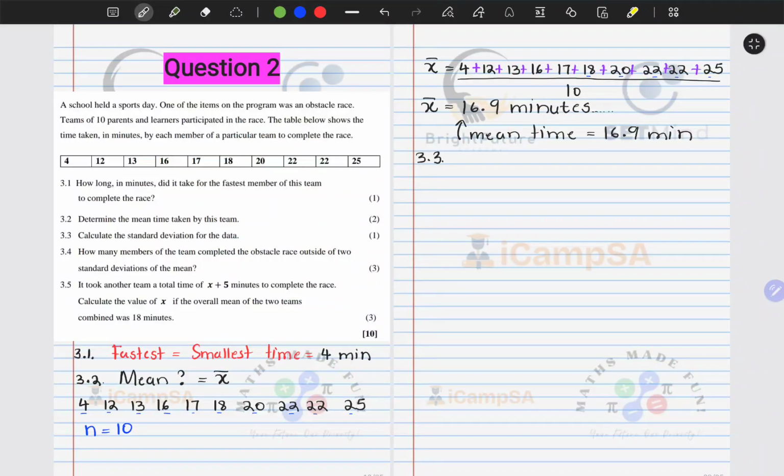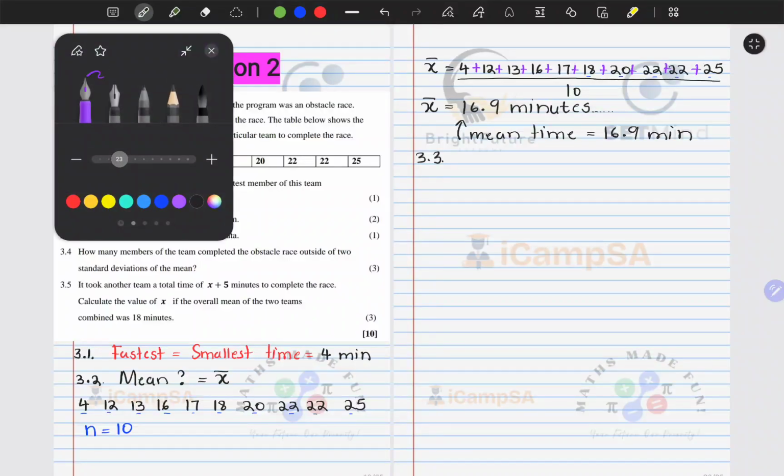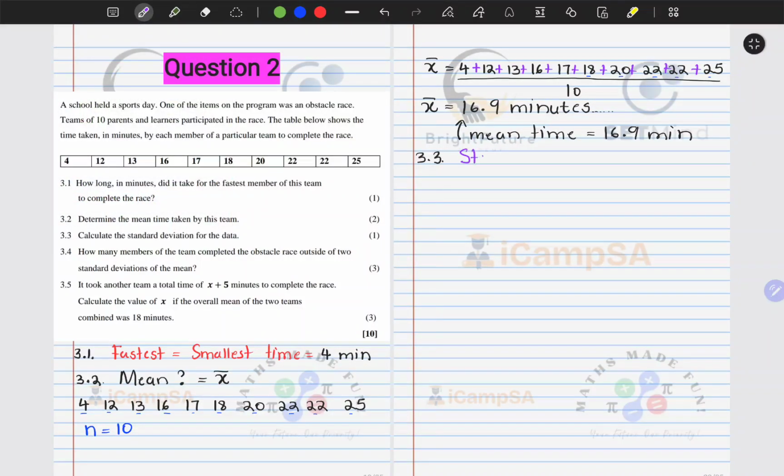We are required to calculate the standard deviation of the data. So remember how we calculate your standard deviation. What we will need is x-bar.